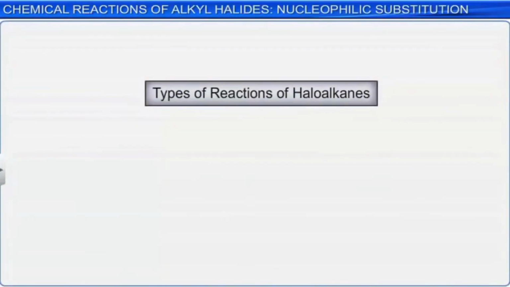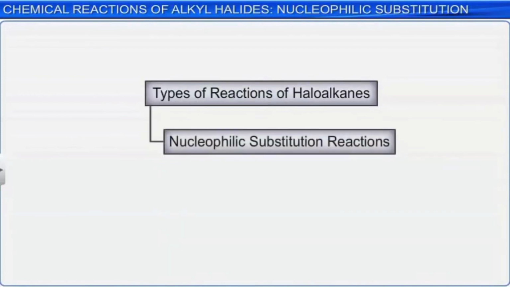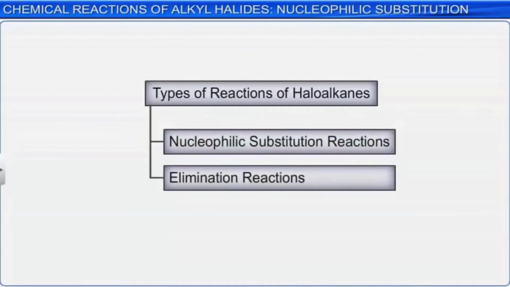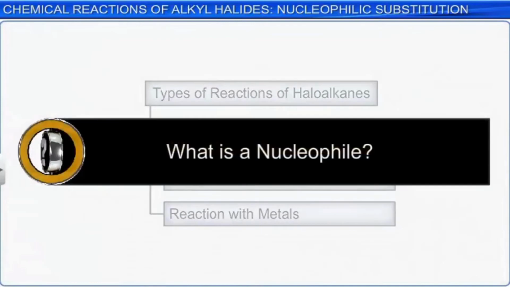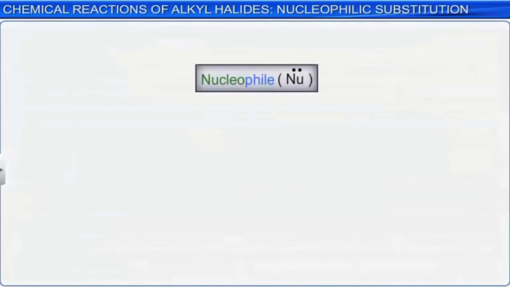Haloalkanes undergo 3 types of reactions. They are nucleophilic substitution reactions, elimination reactions, and reaction with metals. Before you learn about the nucleophilic substitution reactions, get to know what a nucleophile is. The word nucleophile means nucleus seeking.